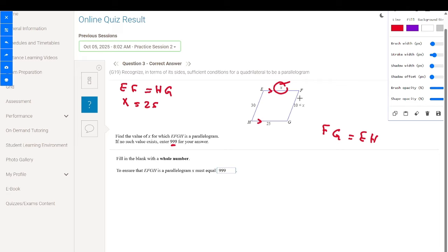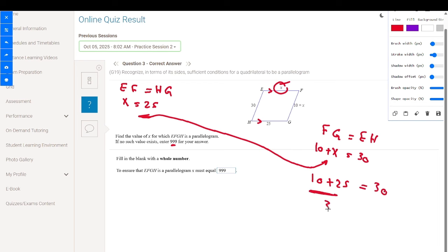Here FG is 10 plus x and EF equal to 30. Now here we got x as 25, so let's substitute here and see the result. So 10 plus 25, and the other side is 30. This one is 35 and this one is 30, which is wrong. That means this figure is not a parallelogram.